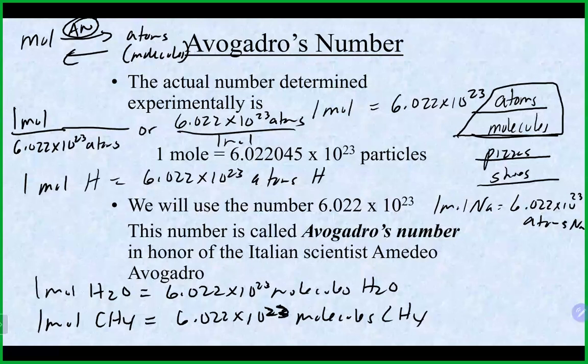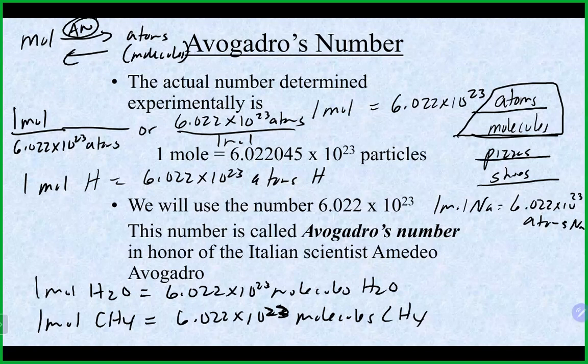I would say that sometimes people use Avogadro's number wrong or when they don't need to use it because they remember this number and they think maybe I should use it in every calculation. So you definitely don't want to use Avogadro's number in every calculation.